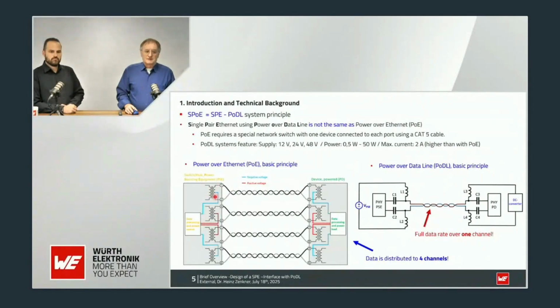So the signal is galvanically decoupled, but by inductance, so inductively decoupled. In the center of the transformers, the energy goes in common mode over this line and is received again and decoupled in the center to the PD, to the receiver.